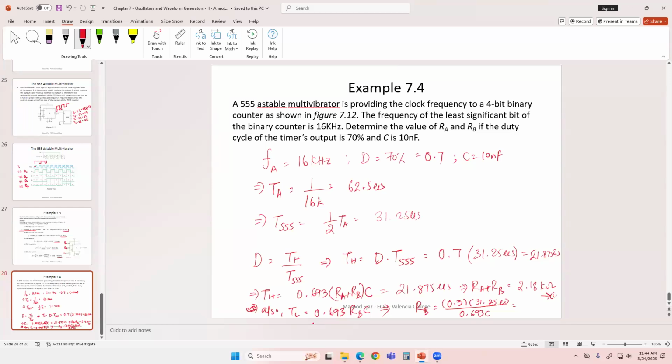So 1.37 kilo ohm. So RB is 1.37 kilo ohm. RA will be 2.18 minus 1.37 kilo ohm.